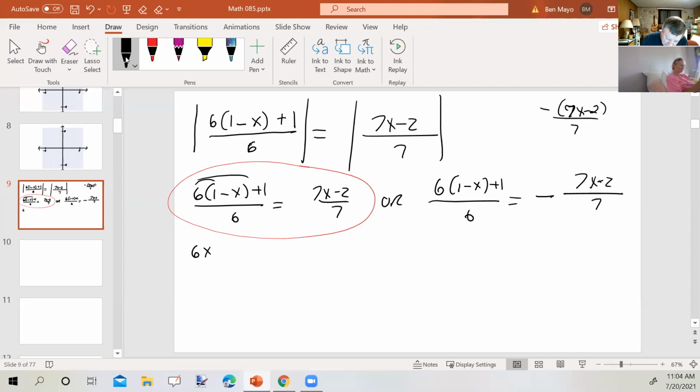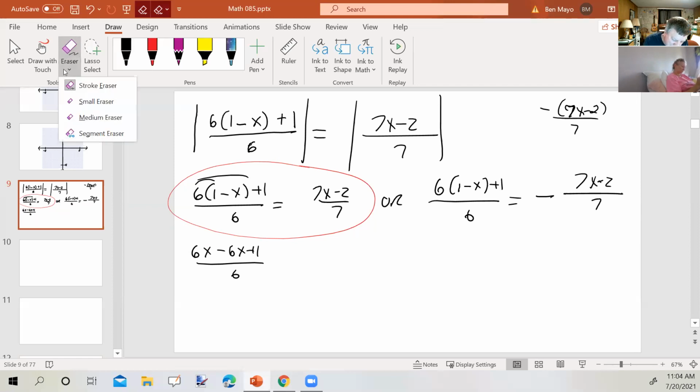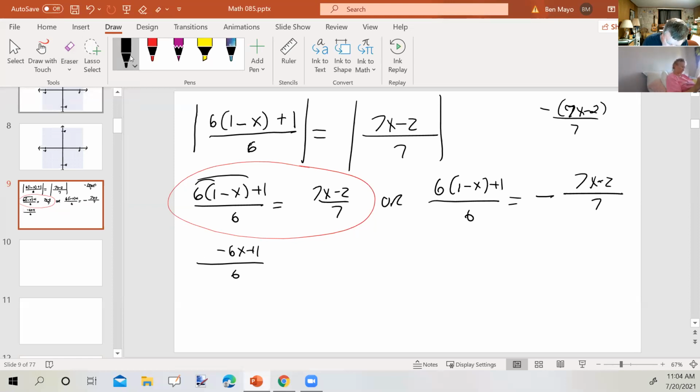I'm going to get 6 minus 6x plus 1 over 6, which could further be combined into negative 6x plus 7 over 6, combining like terms, equals 7x minus 2 over 7. Now I've still got a long way to go, but I've simplified that left side numerator.